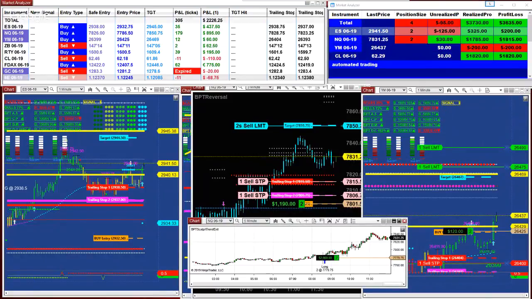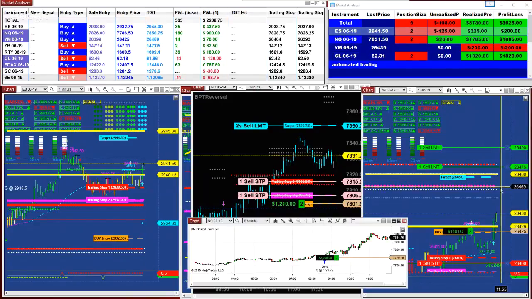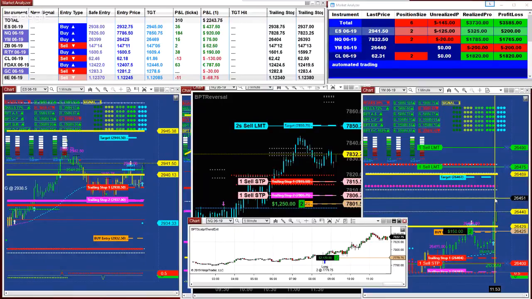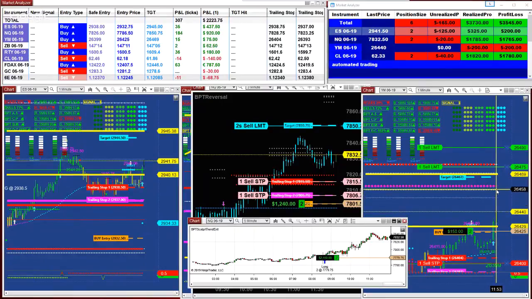CL limited order 6217, sell limited order. You're fine on that one. And the first bumper is 451 on the YM, and then the second one is 458.